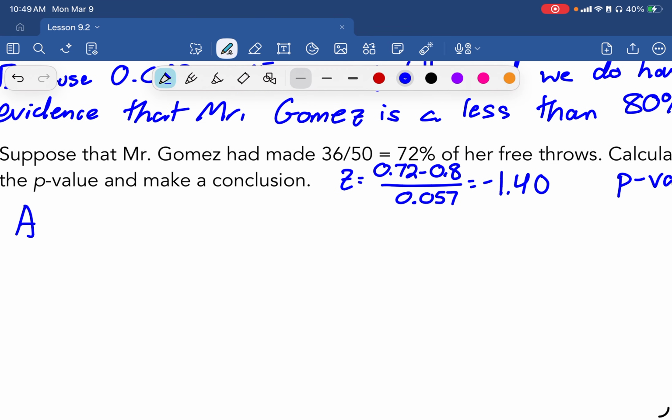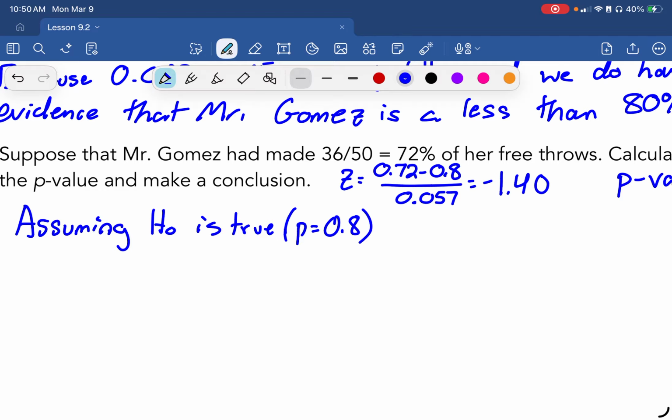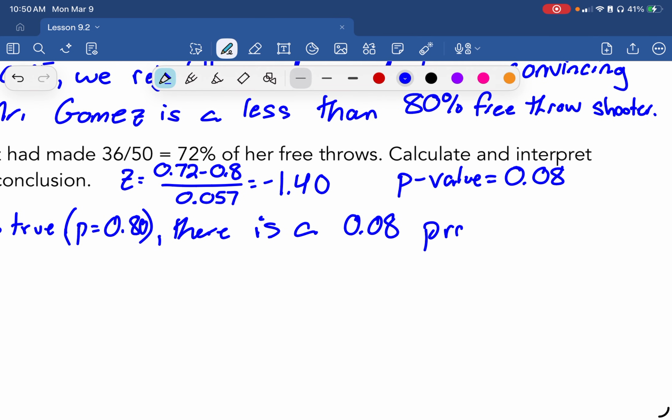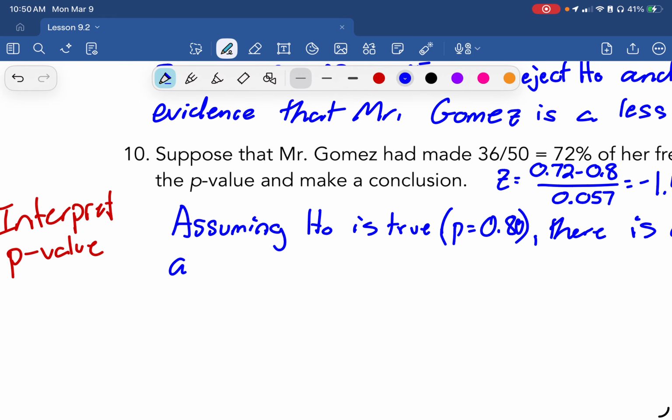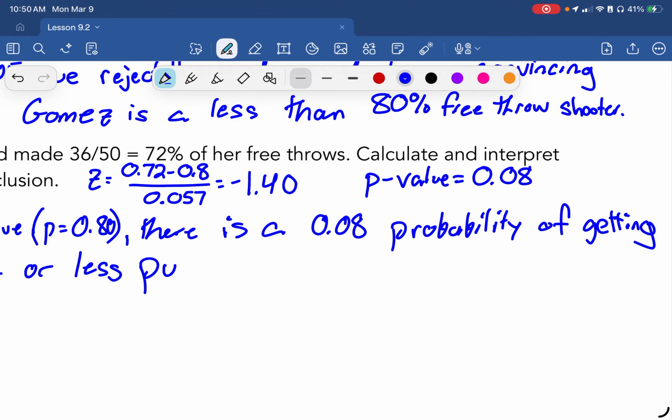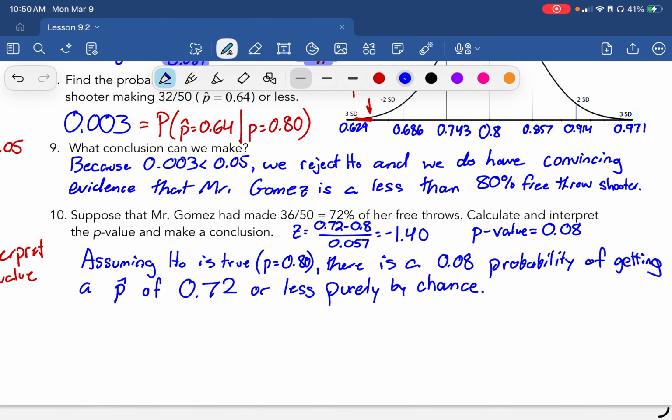So, assuming the null hypothesis is true, which is that our true proportion is 0.80, there is a 0.08 probability of getting a p hat of 0.72 or less purely by chance. A little bit larger than our 0.003.